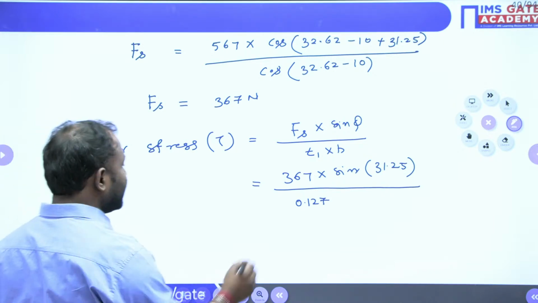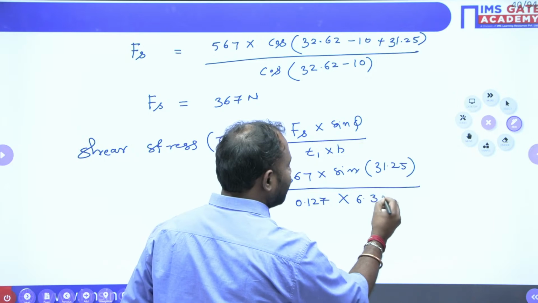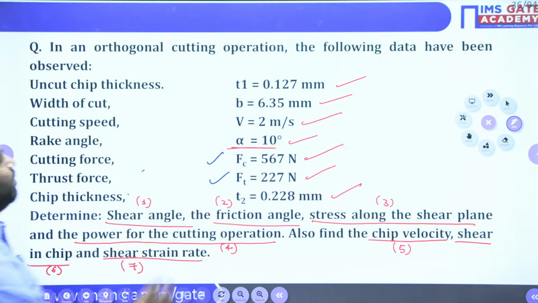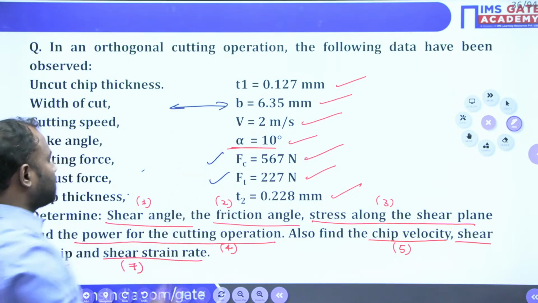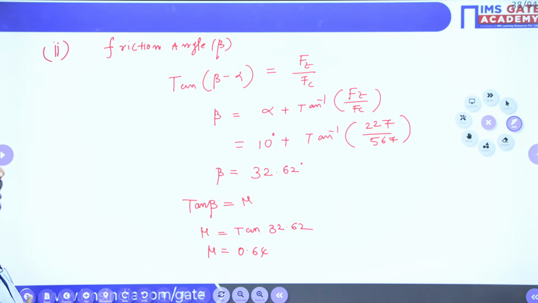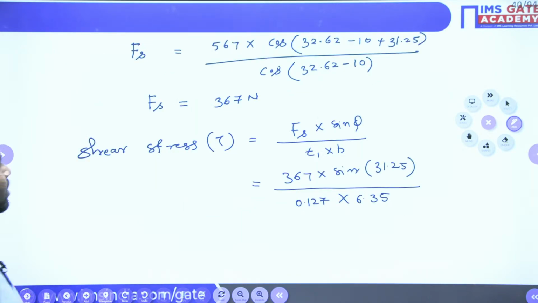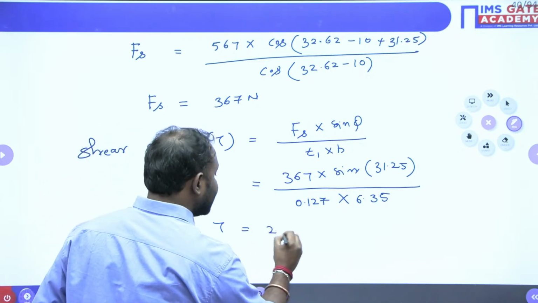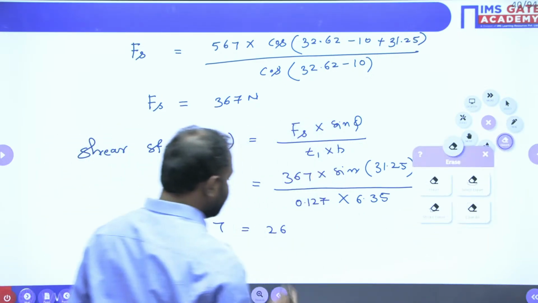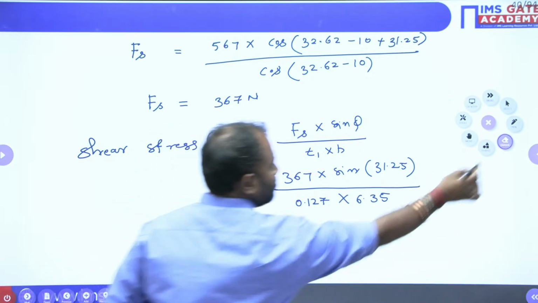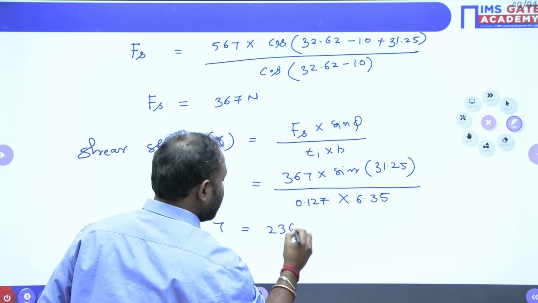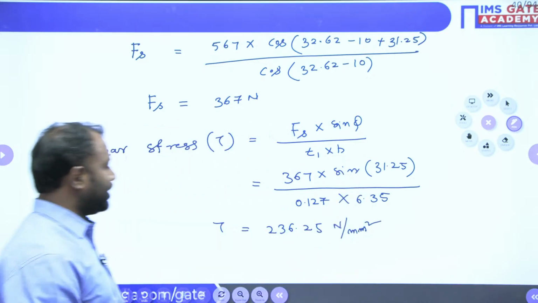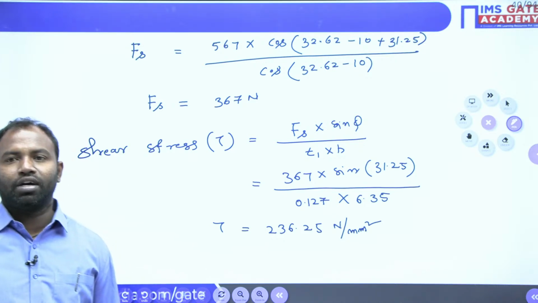B is 6.35, the width of the cut, given in the problem. Now if I solve this, I'm going to get my shear stress as 236.25 Newton per mm square. This is what you are going to get as your shear stress. Okay, check it once.